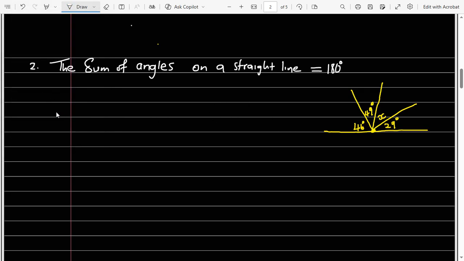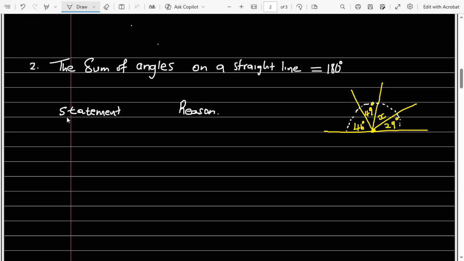We need to have a statement and what we call a reason. Your statement is that the angles on a straight line, if we add all those angles, they should give us 180.